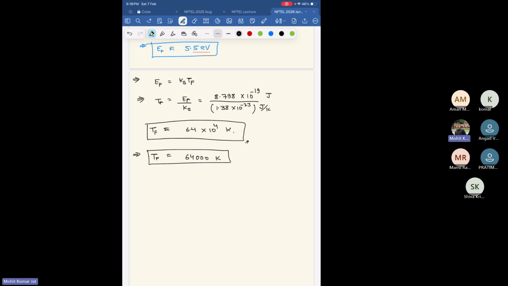If you want to see the classical part, you'll have to go higher than this temperature, and above 64,000 Kelvin, even at 2000 degree centigrade or even below that, the silver will melt. So you can't see the physics of those metals there. That's why quantum mechanics is important to understand these concepts.